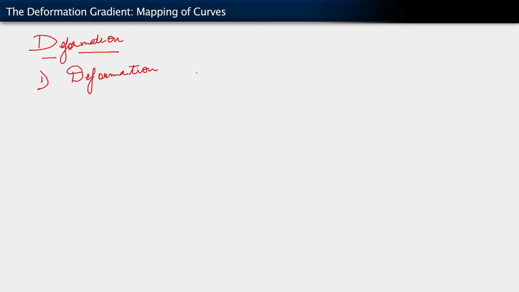In particular, we're going to talk about the deformation of curves, surfaces, and volumes. Okay? And you can see how this proceeds. Curves are thought of as one-dimensional objects, surfaces as two-dimensional objects, and volumes as three-dimensional objects. Okay? So, we'll do this first.